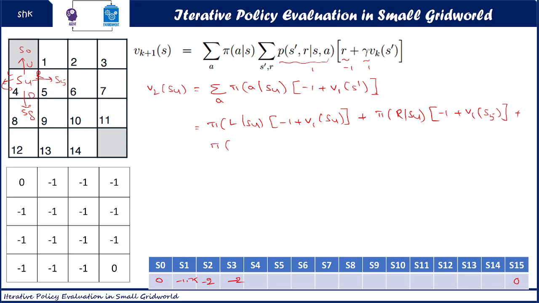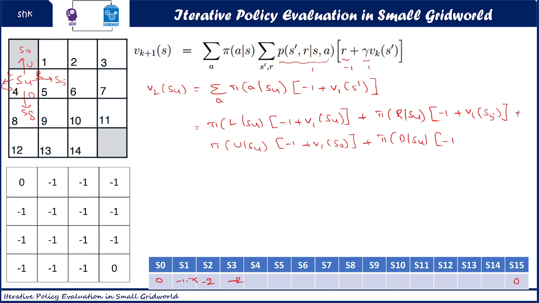plus the probability of up action from S4 state, minus 1 plus V1. So what is the up action? When you are in S4 state and take up action, we fall to the next state equivalent to S0, plus pi of down action from S4 state.